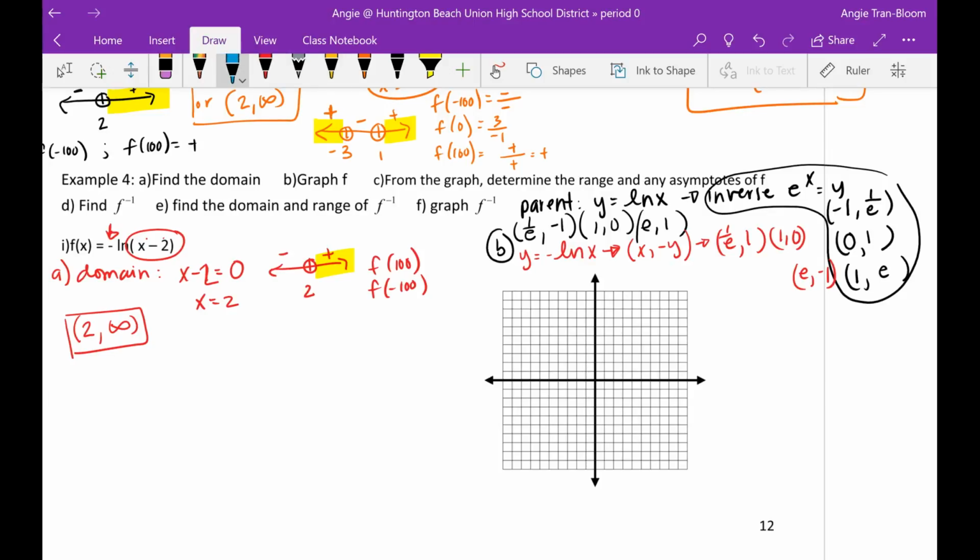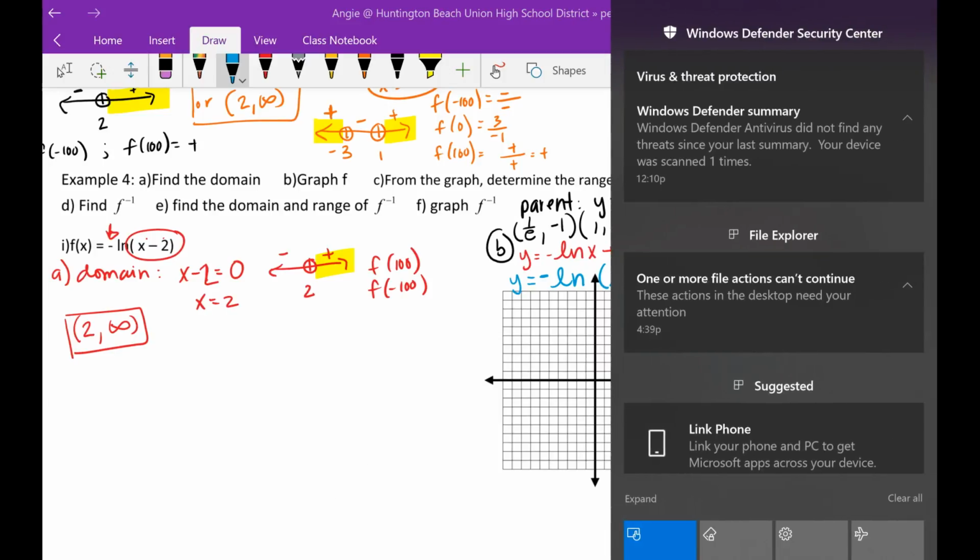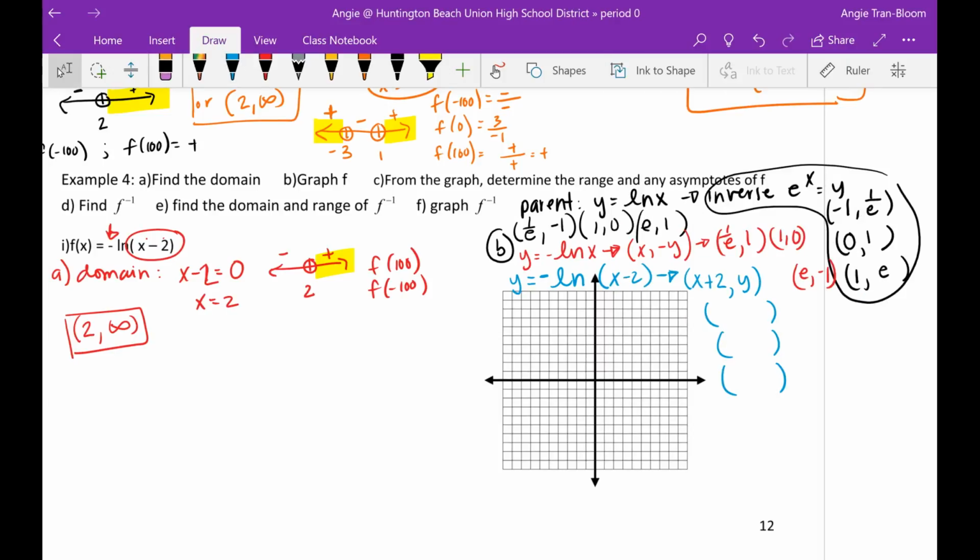Then I have one more equation, y equals the negative, we already took care, ln of x minus 2. This is a translation to the right by 2. What does that mean? That means I'm going to add 2 to all my x values. Because x has e in it, I'm just going to leave e as e. So 1 over e plus 2, think of it as this: 1/3 plus 2 is like 2 and 1/3.